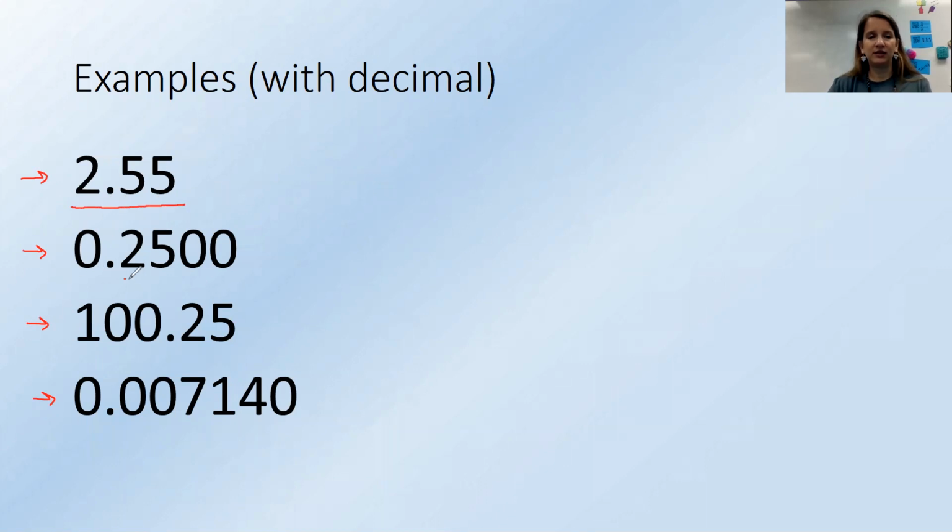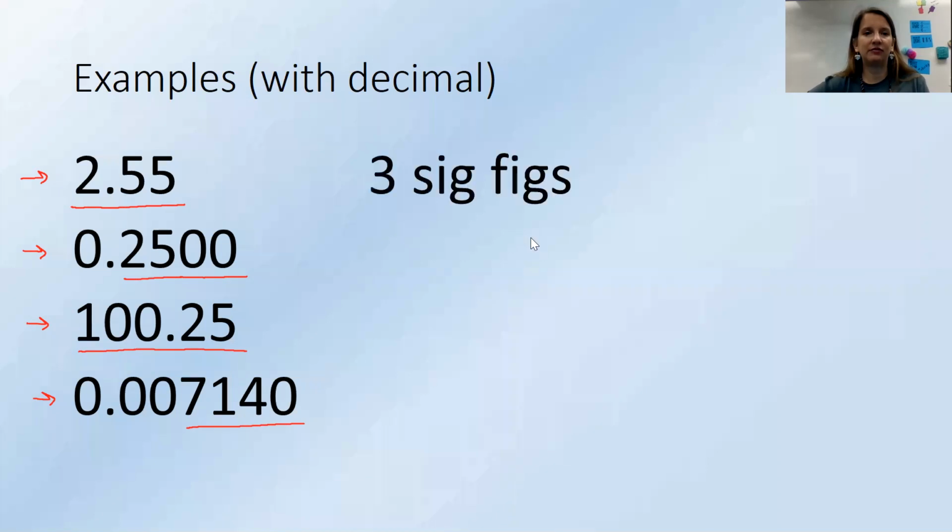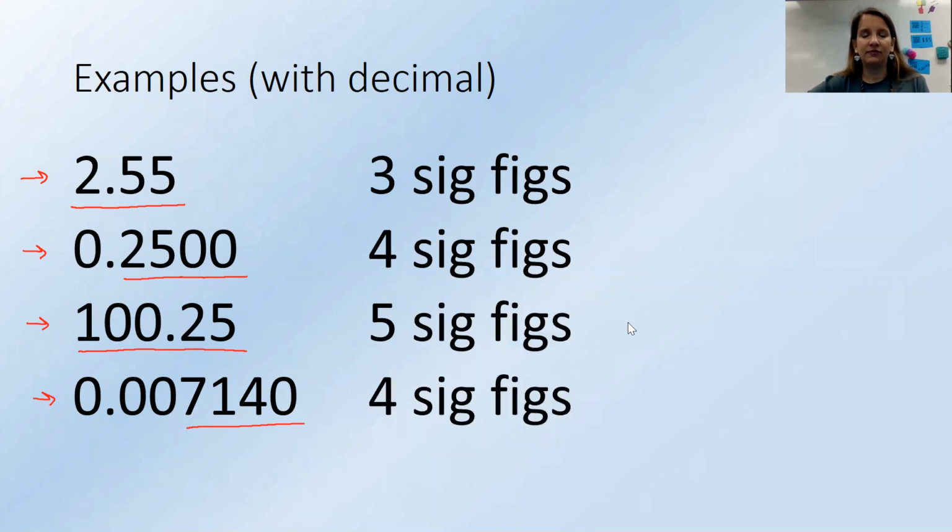So for our sig figs, we have 3 sig figs for the first one, 4 for the second, 5 for the third, and then 4 sig figs for that last one. This 0 is significant because we started counting and kept counting from the left side.